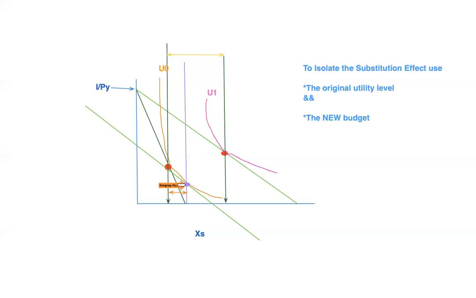And whatever indifference curve has 2 points on it, the distance in the x dimension between those two consumption bundles here and here, that's the substitution effect. And then the remaining distance, and I don't know what color to do it in, but we'll just do it in red. The remaining distance is the income effect.